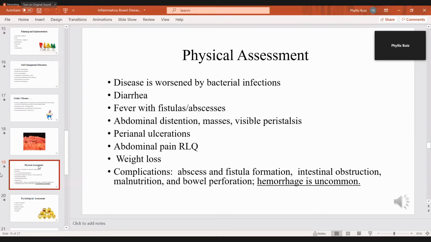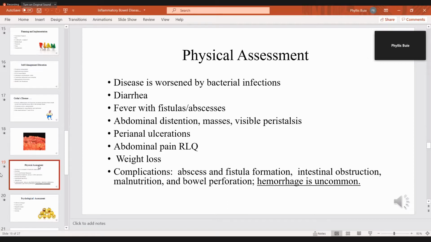They may complain of abdominal distension. You may actually be able to feel masses through their abdomen if they're slender. If they're very thick, you may not be able to palpate any masses. You may also see visible peristalsis if they're fairly slender. They may complain of some perianal ulcerations because of all of the loose stools that they've had.